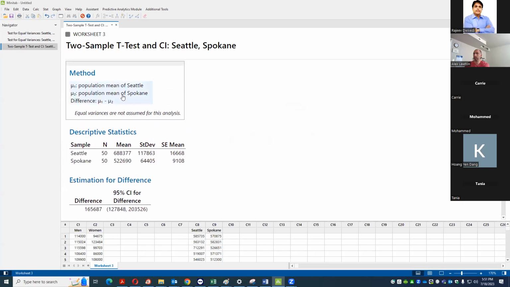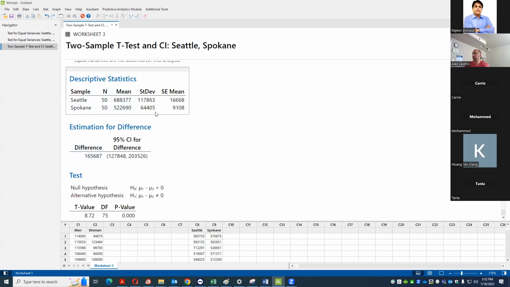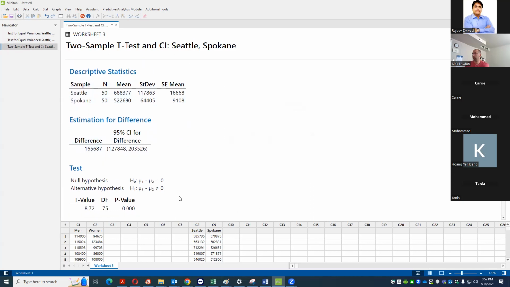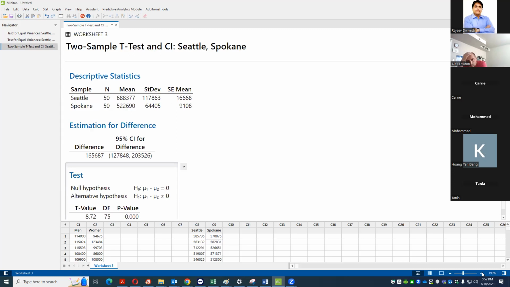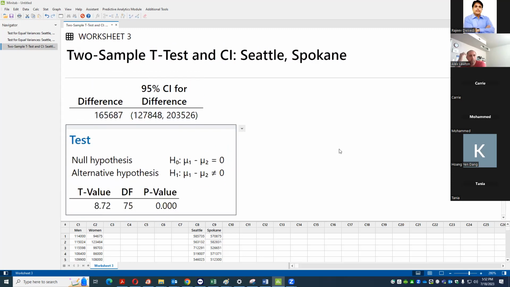Now here, the population mean of Seattle minus the population mean of Spokane, mu1 minus mu2, equal to 0. This is the null hypothesis. All the calculation is coming, and we are going to work on this table and, based on that, draw our conclusion.